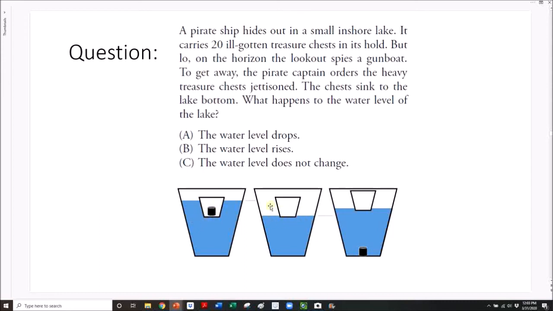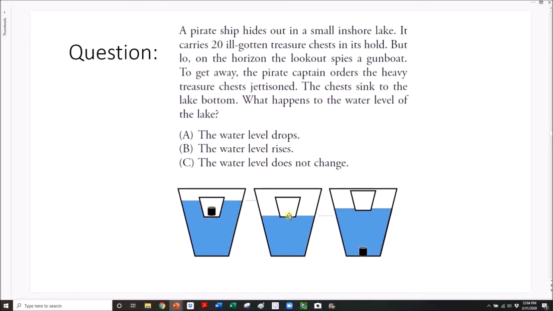This is what it would look like if you had the ship alone. But once you throw this overboard, notice it will no longer displace enough volume for it to float. So therefore, the water level, when you throw it overboard, decreases. Because this weight is no longer displacing as much as it was before. When it's in the cup, it forces extra displacement.